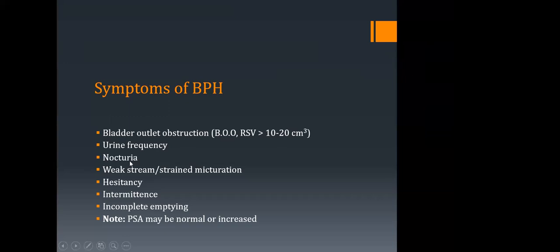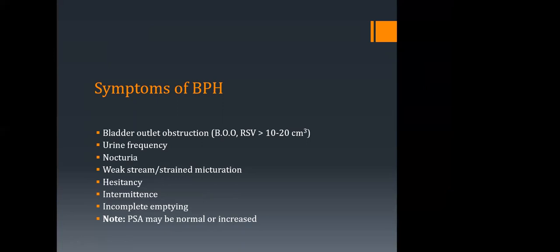At night, this person is in and out of the bed to go and void. Then someone tells you they have a weak stream or they are straining during micturition. They have hesitancy, intermittency, urinating every maybe 10 minutes. And then incomplete emptying. Or you have the PSA a bit raised, or sometimes it could be normal. So these are the symptoms.